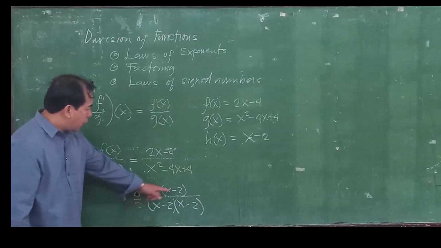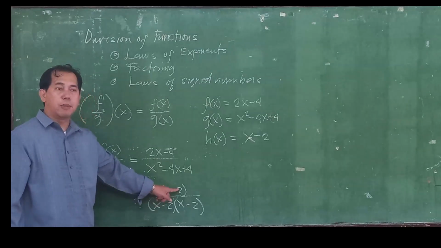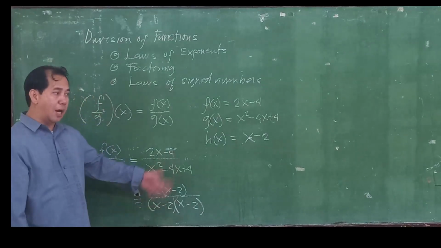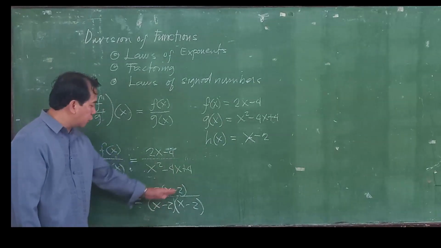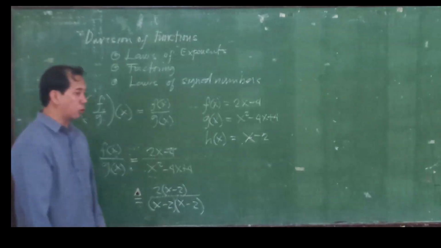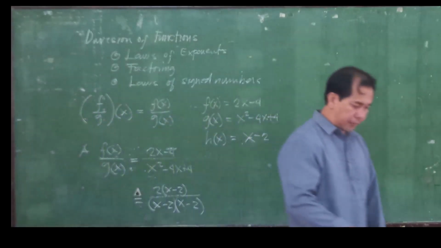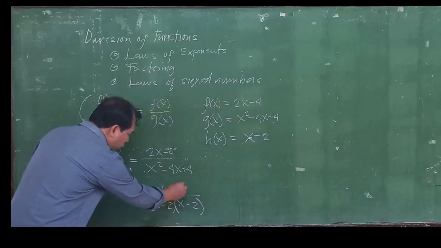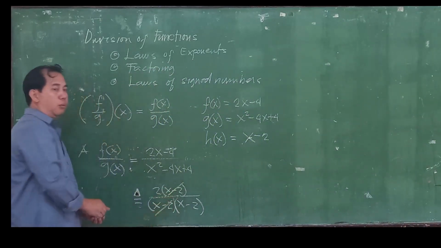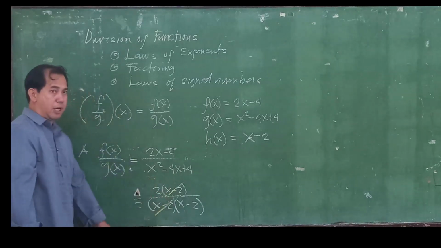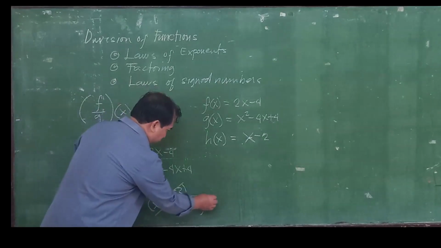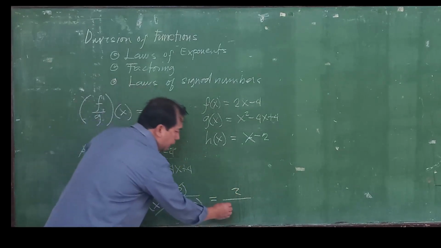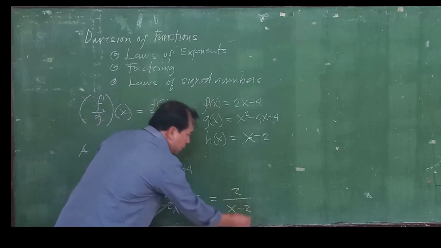Now, you notice we now have common factors in the numerator and in the denominator. That's the time we cancel out or divide. If we divide this one, definitely it will give you a result of 1. So when we cancel the common factors of numerator and denominator, what is left is 2 over x minus 2.